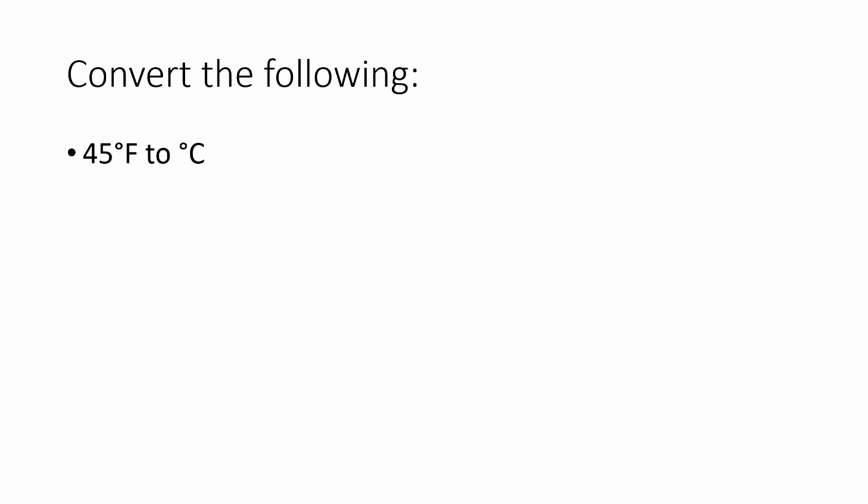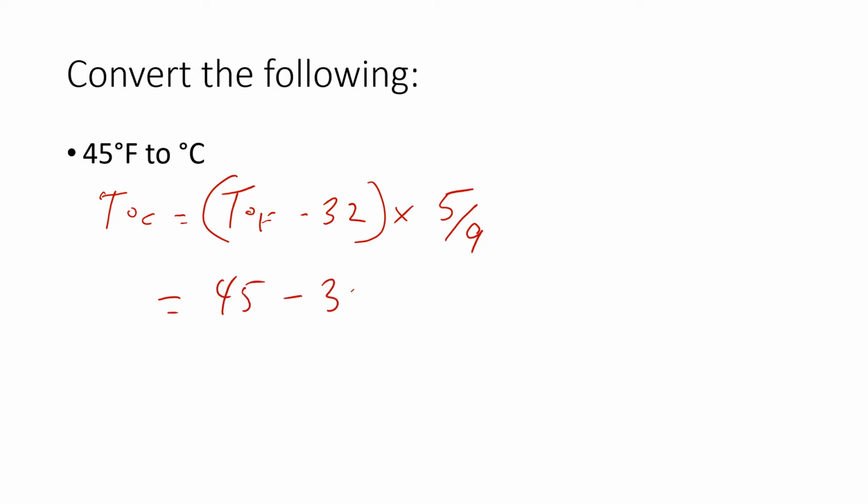So 45 degrees Fahrenheit to Celsius. My equation for this is, let's do it this way, T Celsius equals T Fahrenheit minus 32 in parentheses times 5/9. So I would just plug in my number: 45 minus 32 in parentheses times 5 divided by 9.